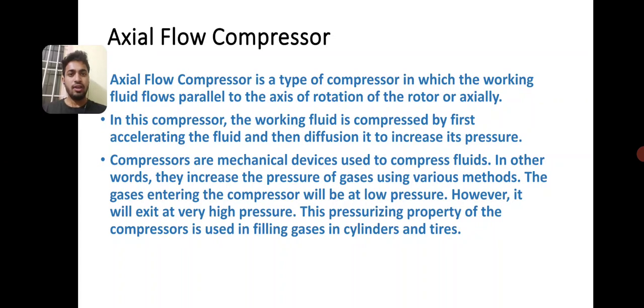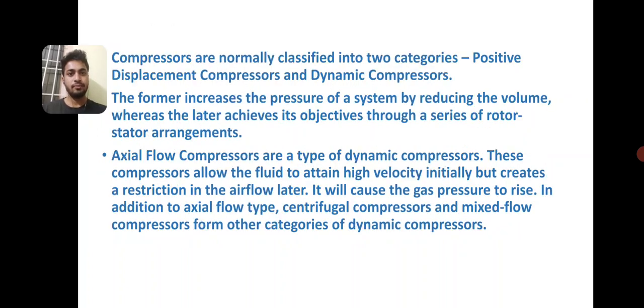The weight of the axial flow compressor is very low compared to centrifugal compressors. Centrifugal compressors are more efficient on the ground, but for anything which can fly, axial flow compressors are mostly used due to their structure.